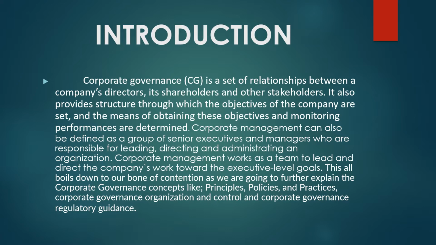Here we should note that the relationship is between the main members of the company or the firm. That is those who make the rules and regulations on how the firm is going to operate. It also provides structure through which the objectives of the company are set.